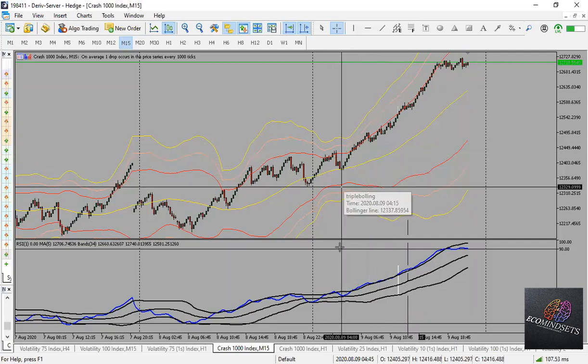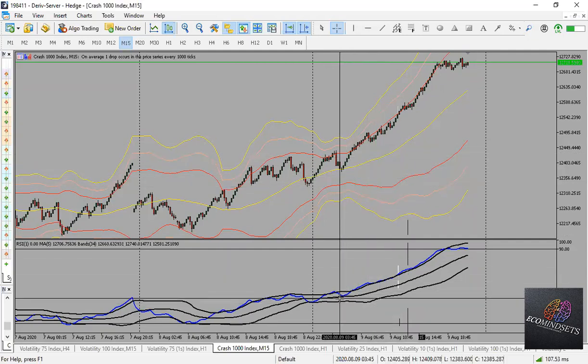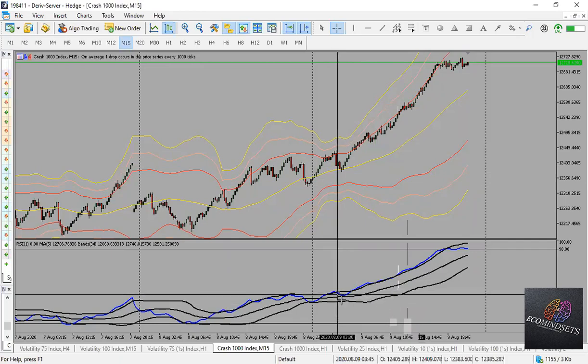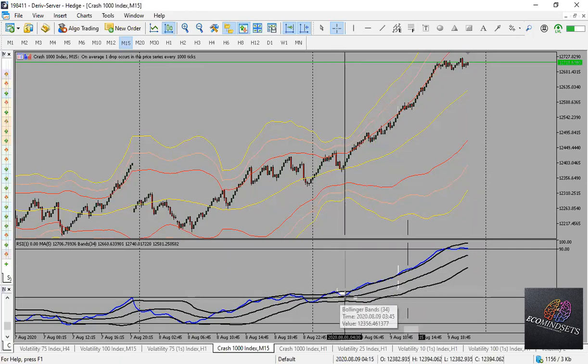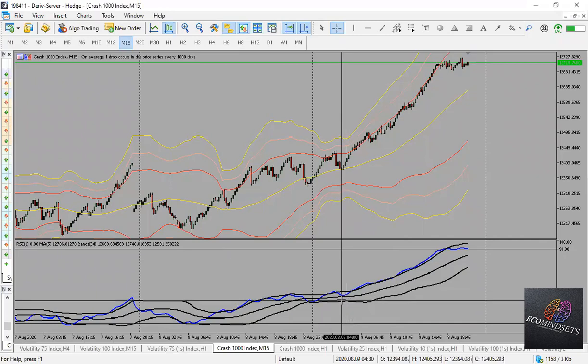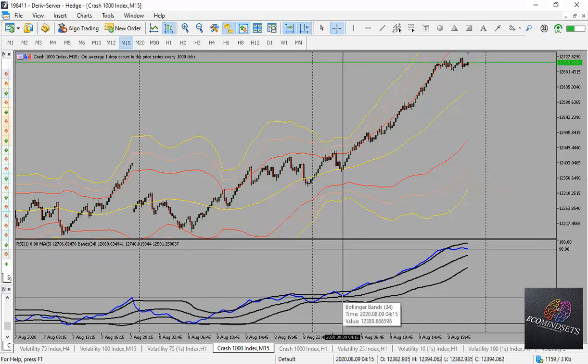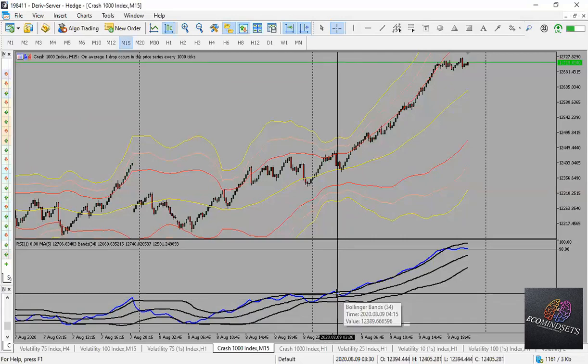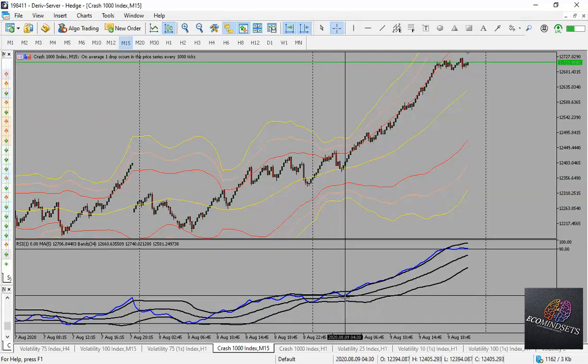We come down to our indicator window. Our indicator broke the middle Bollinger Band, and now it has turned back into an uptrend, because the middle Bollinger Band is serving as a support. It broke the support, turned it into resistance, and re-broke that resistance.